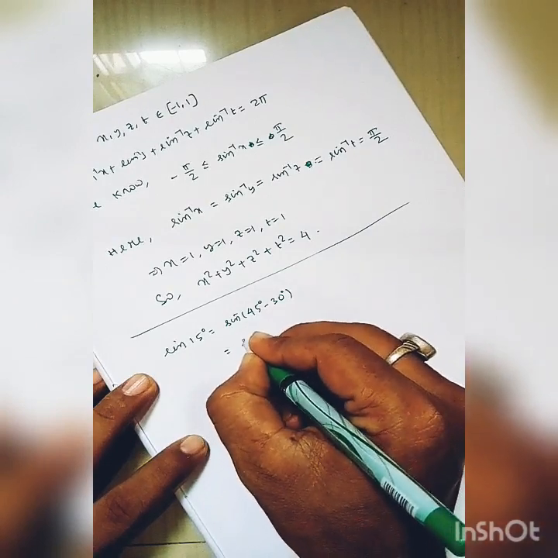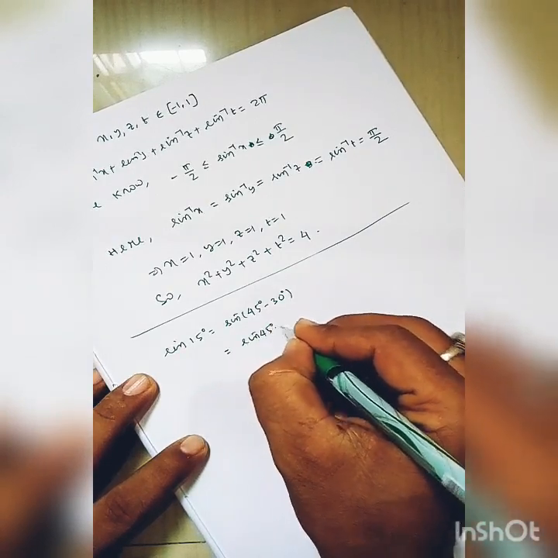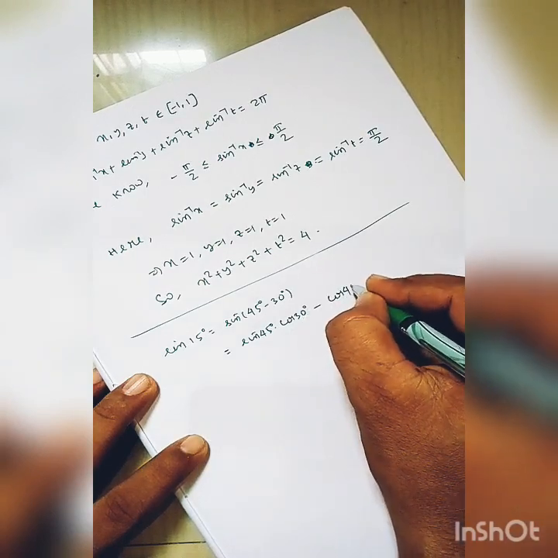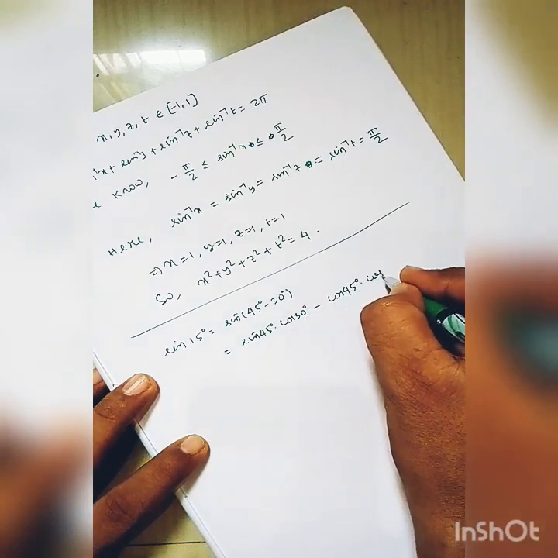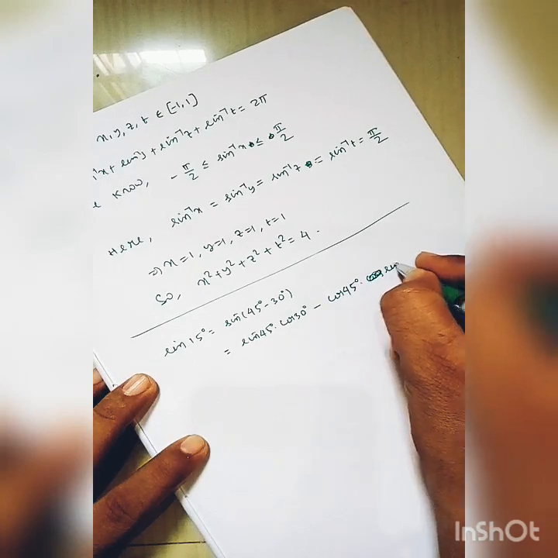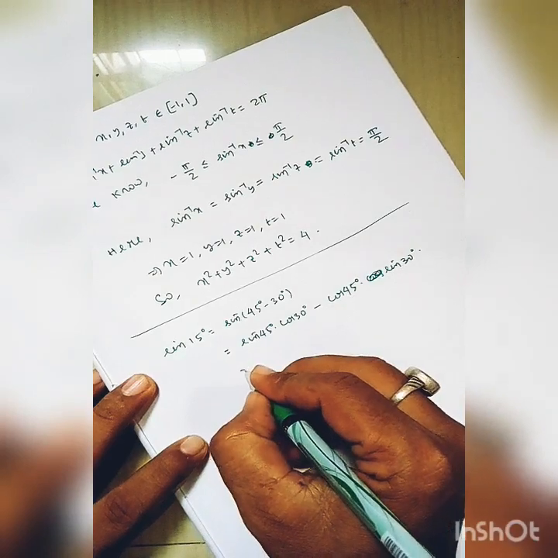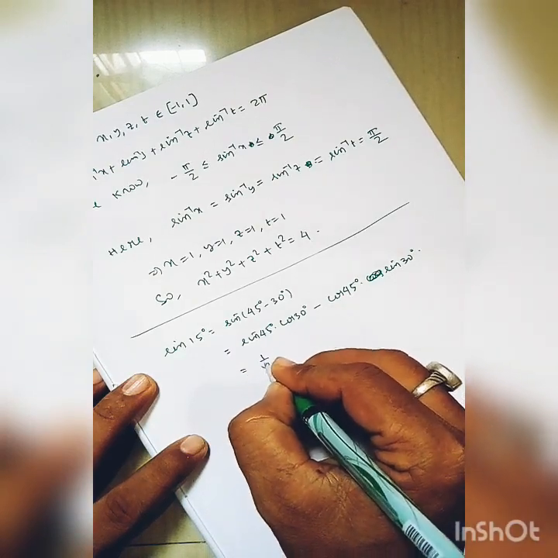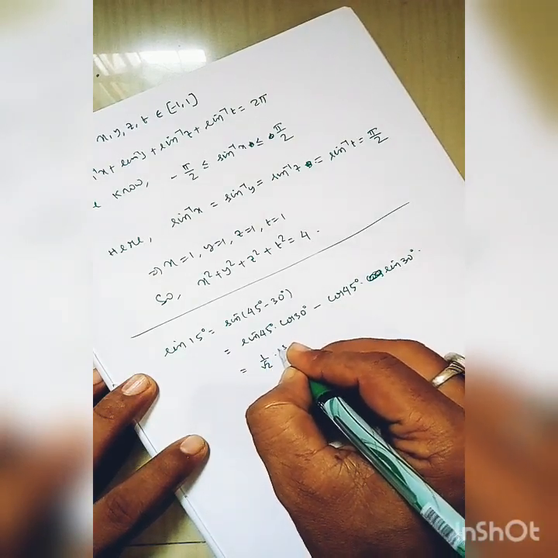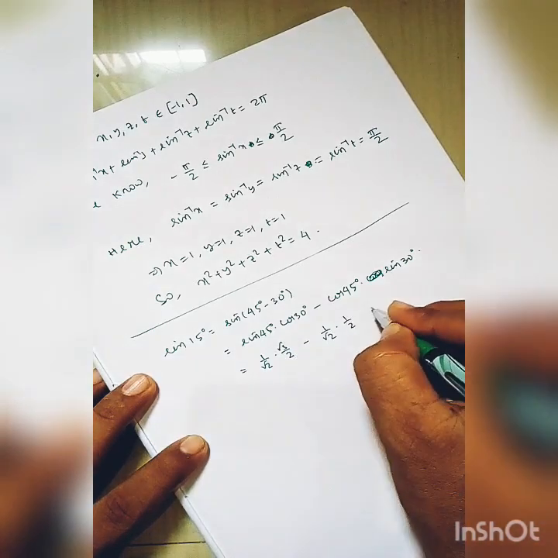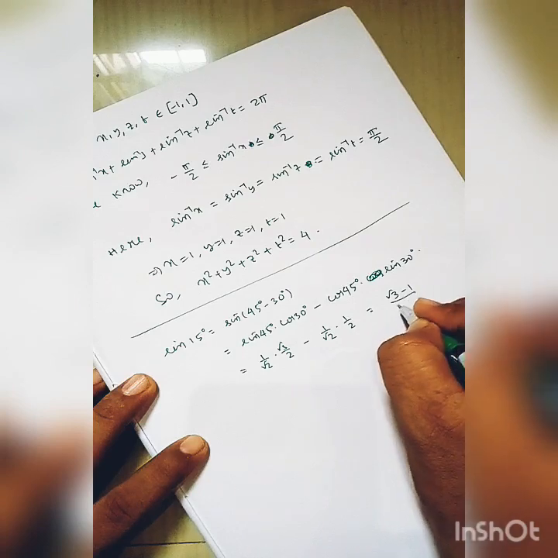So we can write sine 45 degree into cos 30 degree minus cos 45 degree into sine 30 degree. That is sine A minus B, sine A cos B minus cos A sine B. Sine 45 degree is 1 by root 2, cos 30 degree is root 3 by 2, and again 1 by root 2 times 1 by 2, which you can write as (root 3 minus 1) by 2 root 2.